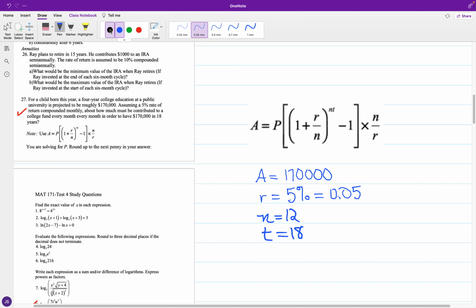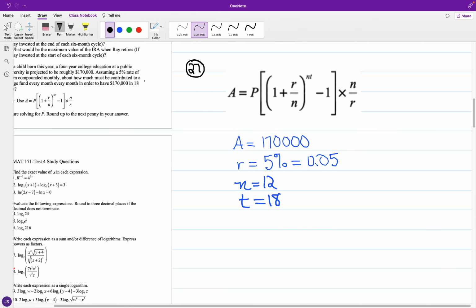So we're solving for P. With the numbers, we have 170,000 is equal to P times the quantity 1 plus r over n, so 1 plus 0.05 all over 12, to the n times t power.